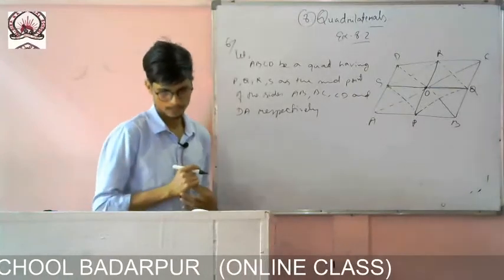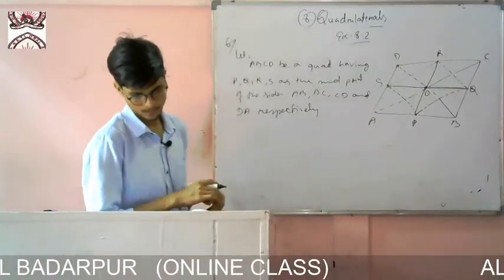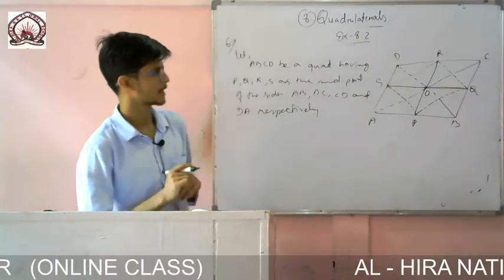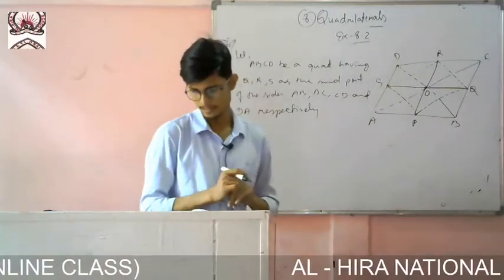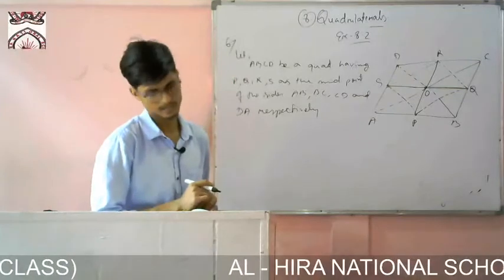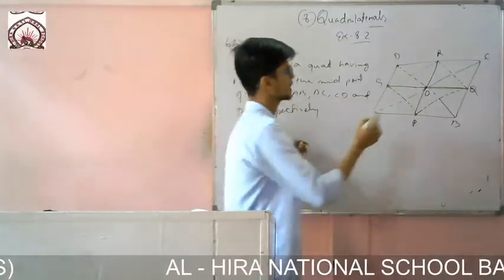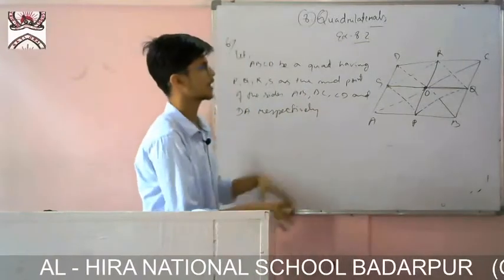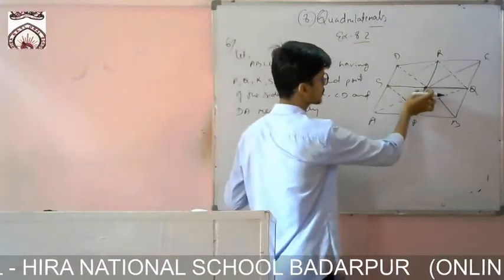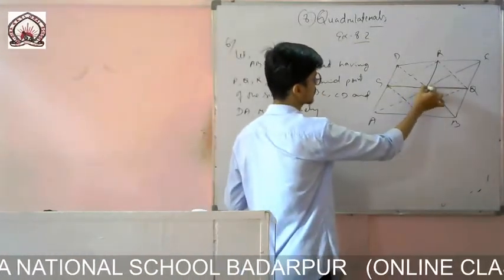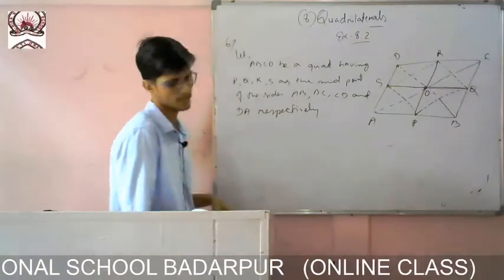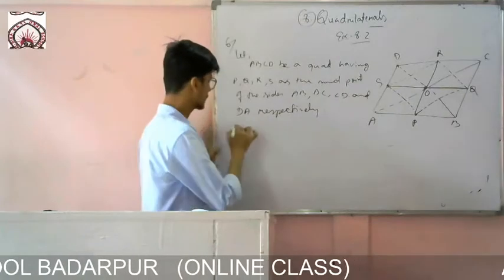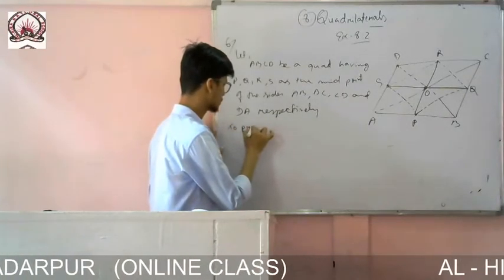Okay, so it is given in the figure, and we have to prove that the diagonals of PQRS are bisected at O. I have to show that the diagonals of PQRS are bisected at O. So this is the summary of the question. Write it, or else you will not understand what you have to prove.